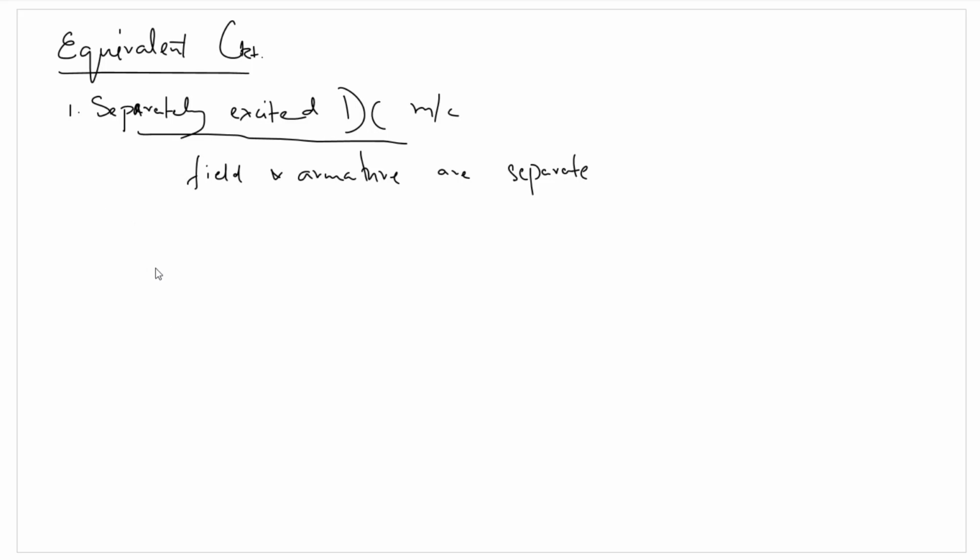So, what this means is that the field windings can be represented separately, while the armature that hosts the rotor as well can be represented separately.